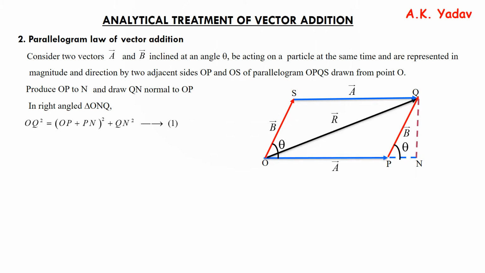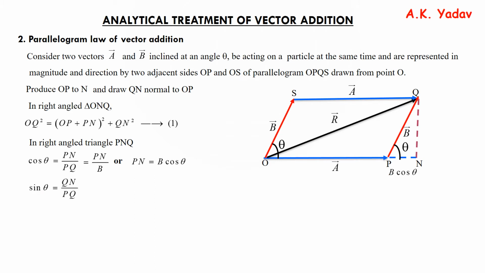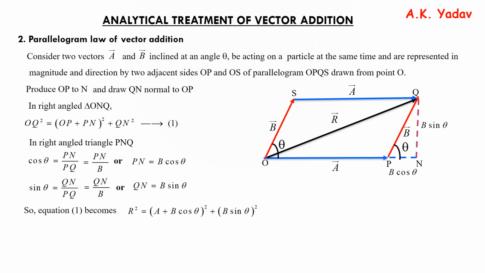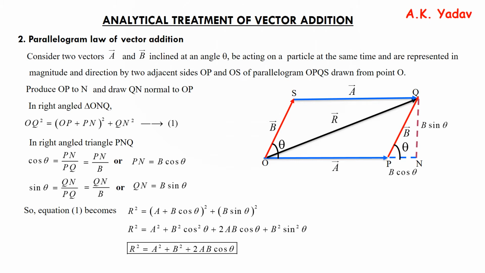Then we will take triangle PNQ and find cos theta. From that we will find PN is equal to B cos theta. With sine theta we will find QN is equal to B sine theta. We will put the values of PN and QN in equation number 1. And then what we get, R square is equal to A square plus B square plus 2AB cos theta. This is the magnitude, and this is also called the law of cosines.